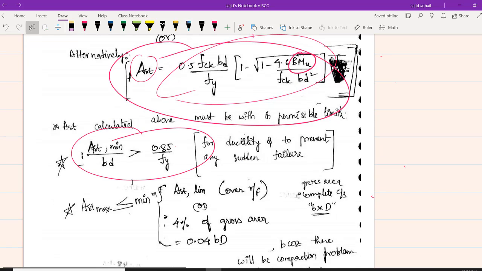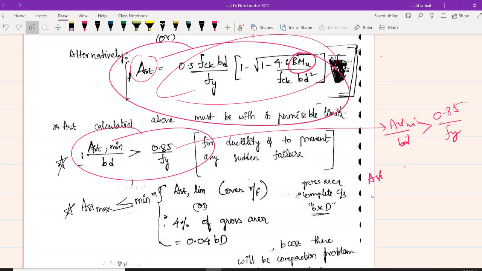The minimum steel you have to provide, AST minimum divided by BD, should be greater than 0.85 by fy, or you can directly remember AST should be greater than 0.85 BD by fy. Very important, you have to provide at least this much. So even if the steel requirement is very small, you have to provide a minimum of 0.85 BD by fy.